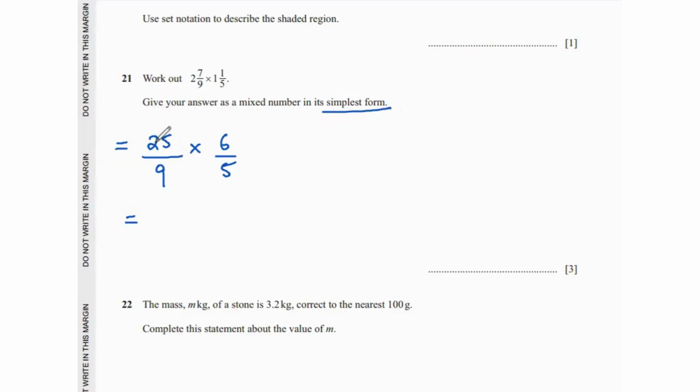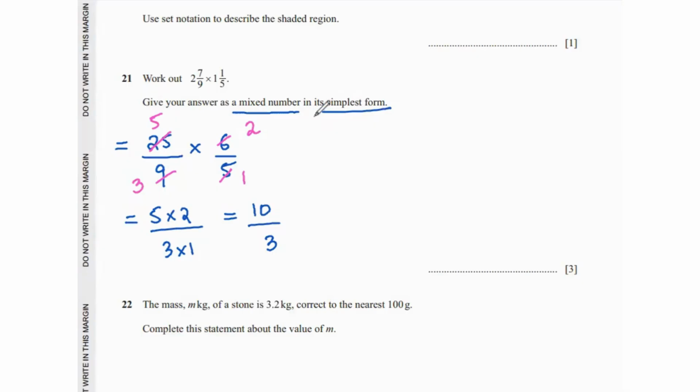So we can see that 25 and 5 come in the same times table. 5 ones are 5. 5 fives are 25. Similarly, 6 and 9 come in the same times table. So 3 times 2 and 3 times 3. Now we can multiply the remaining numbers. 5 times 2 over 3 times 1, which is 10 over 3.